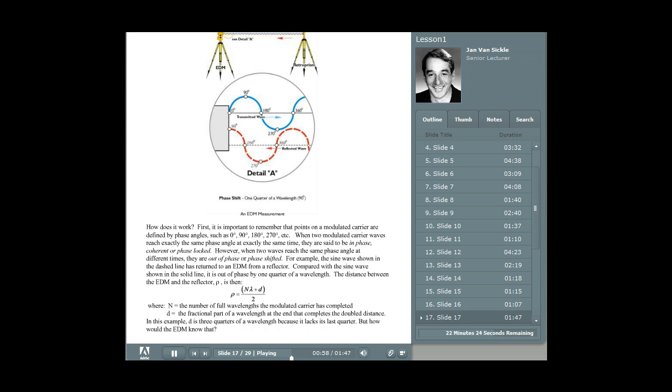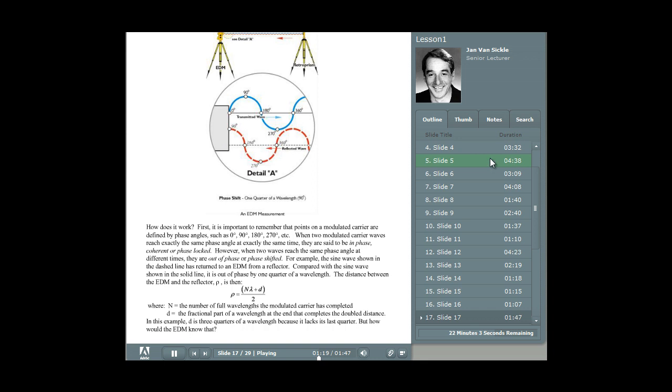Now, by comparing the return wave, the one here in the dashed red line, with the exact replica of the transmitted wave in the blue, it can determine how much the return wave is phase shifted or out of phase with its original transmitted wave.